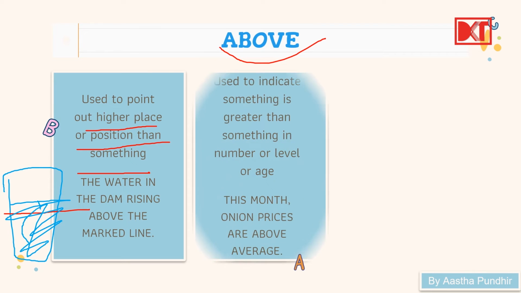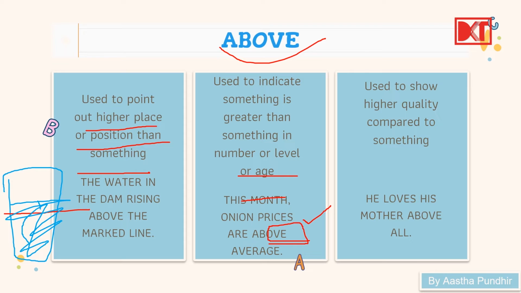Next could be used to indicate something is greater than something in number or level of age. मतलब अगर कोई level में, age में, number में बड़ा है, जैसे this month the onion prices are above average. जो प्राइसेस होते हैं अनियन के एवरेज प्राइसेस उससे ज़्यादा हैं इस मंथ के अनियन प्राइसेस. Alright, so they are more than that.